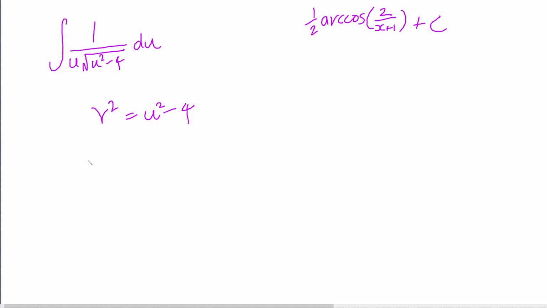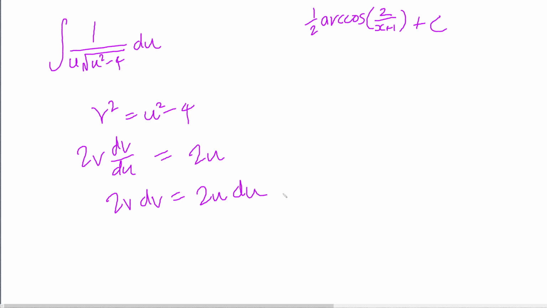So you differentiate with respect to v and then multiply by dv by du. So 2v dv by du equals 2u, and then 2v dv equals 2u du. That's quite interesting. It shows that the infinitesimal change in each is the same, and that would be because these functions only differ by a constant.